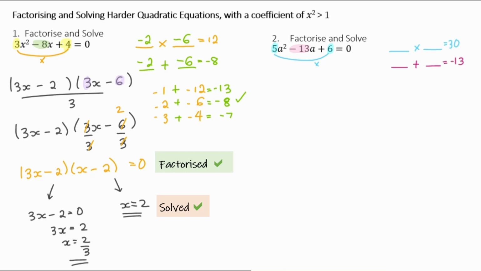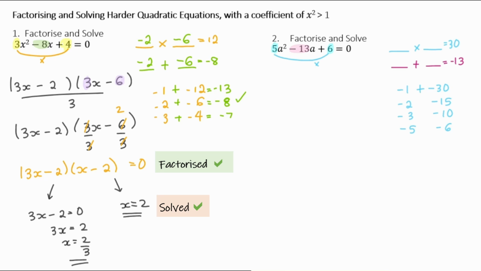Because we are adding these factors to get a negative number, but multiplying to get a positive number, that means we are going to look at the negative factors of 30. So we are going to have negative 1 and negative 30, minus 2 and minus 15, negative 3 and negative 10, negative 5 and negative 6.